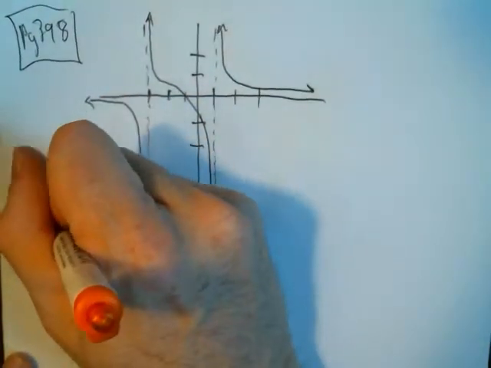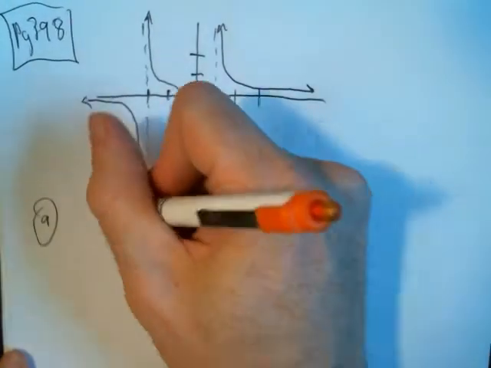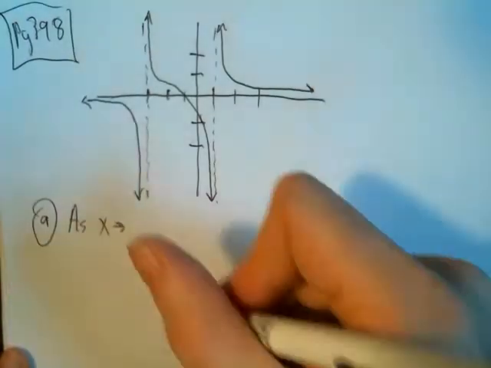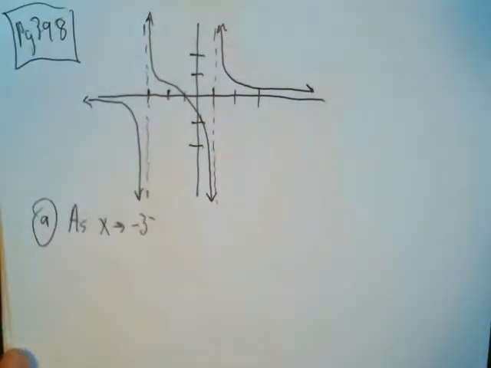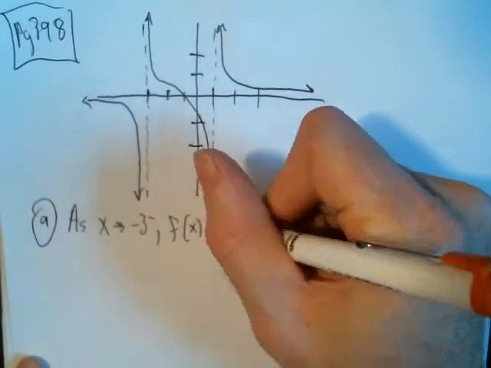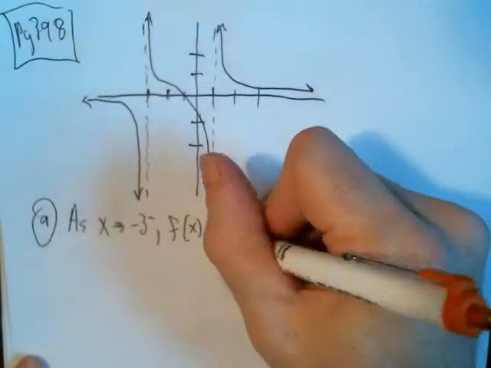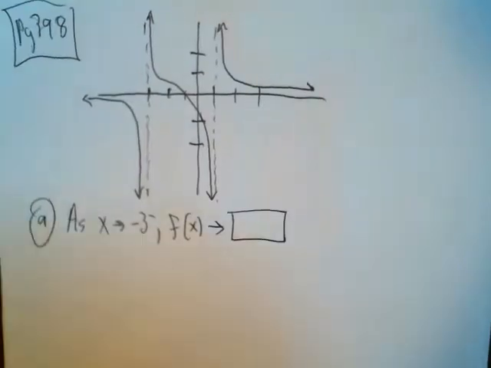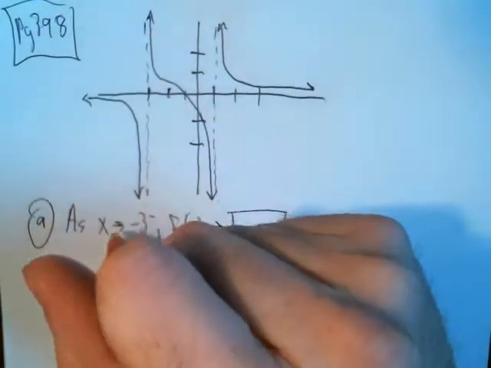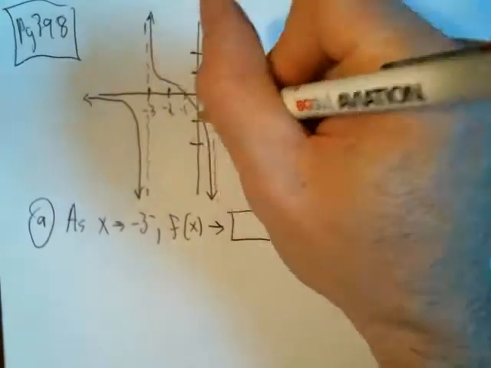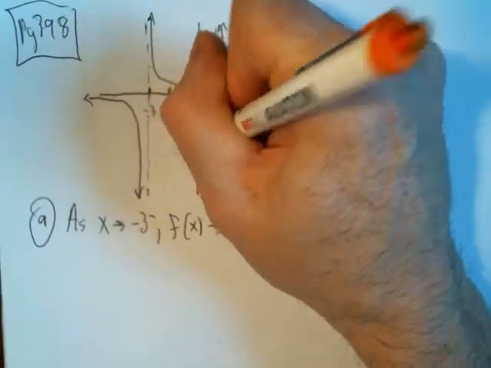Okay, so we'll go through some of the exercises then. Number 9, as x goes to -3 from the left, we want to know what the y values are doing. In other words, f of x, the associated y values go where? Okay, so go blank. Right, so we take a look at the graph as x goes to -3. So where is -3? There's -3 here.